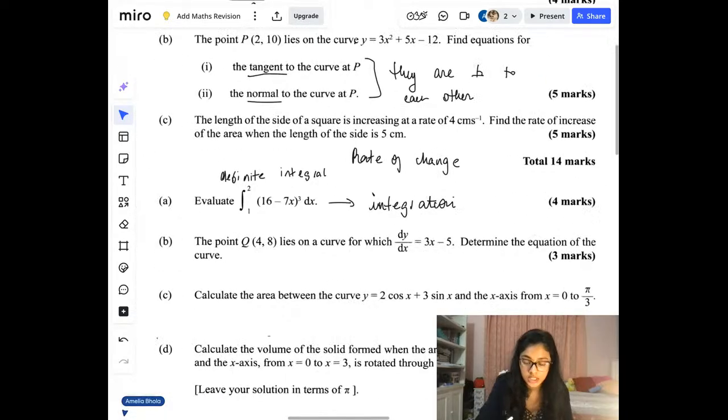Okay, next one is this point lies on the curve. So I'm just gonna write on. I like to write down the information that I get. So I just like extract the information from the question so I could map it out in my head.